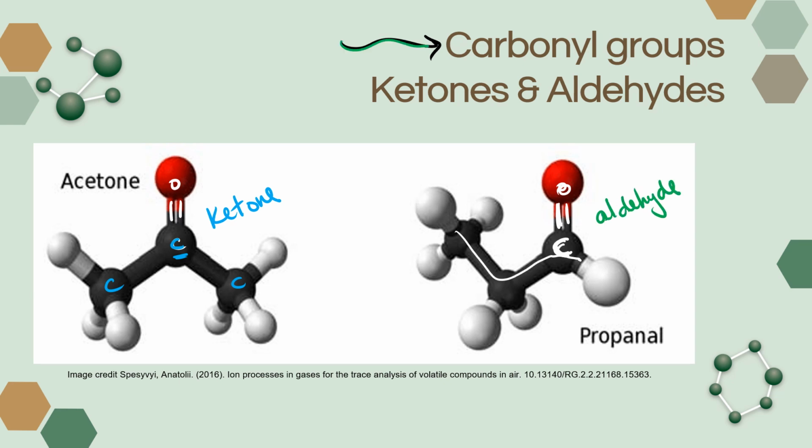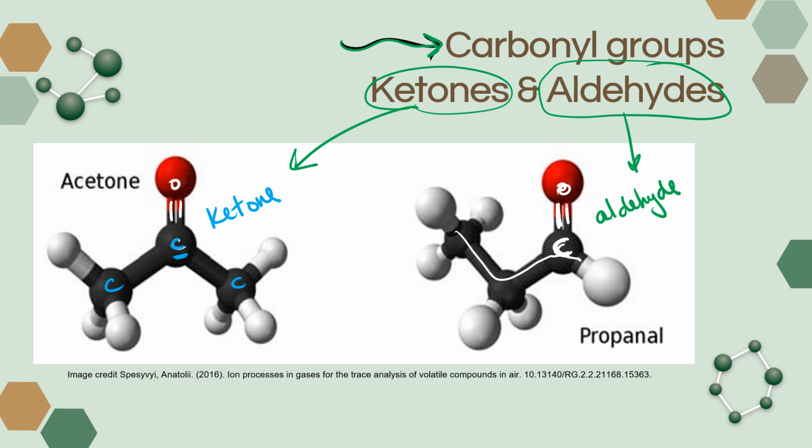The functional group for both of these is a carbonyl group. The class of compound can be a ketone if the carbonyl group is not at the end of the carbon chain. It's an aldehyde if it is at the end of the carbon chain.